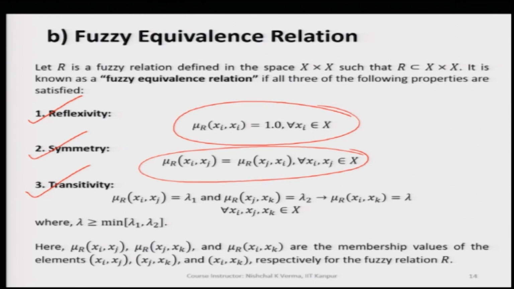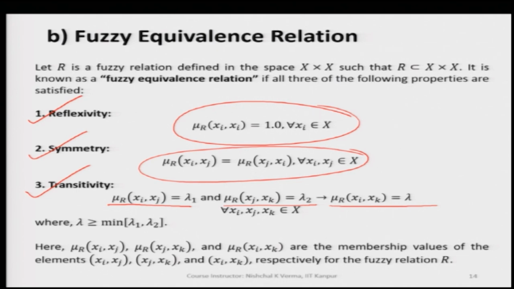From the fuzzy relation matrix, if we have the membership values mu R of xi, xj equal to lambda 1, and mu R of xj, xk equal to lambda 2, and mu R of xi, xk equal to lambda, then we need to check whether lambda is greater than or equal to the min of lambda 1 and lambda 2.